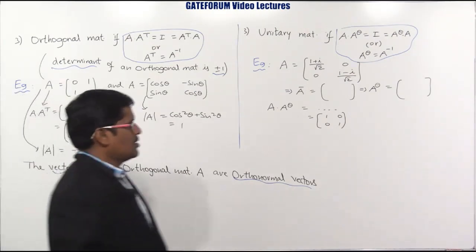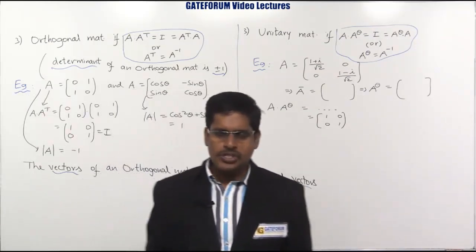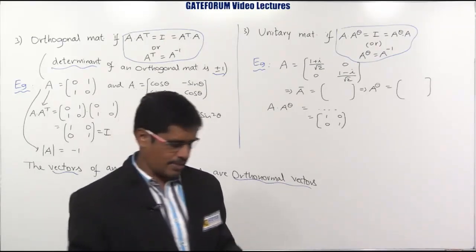So when you notice that the dot product of every 2 rows, 2 columns is 0 and the length of each row, column is 1, such a matrix is definitely an orthogonal matrix.